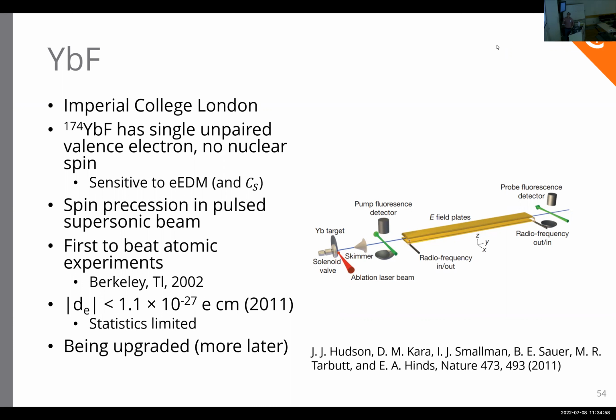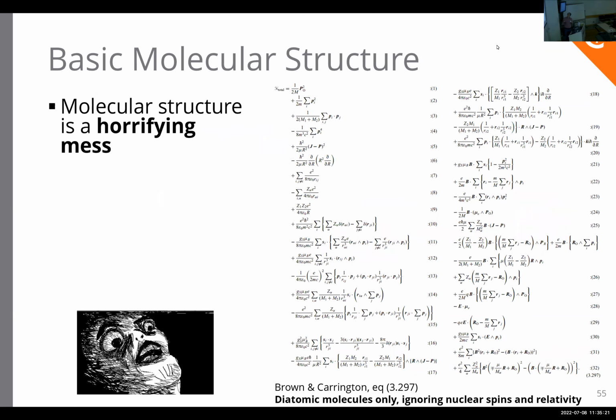This was their limit, so it's about 100 times larger than the current limit, but this was 11 years ago, so there have been lots of improvements since then. But this was the first result. It's an active experiment that's being upgraded, and I'll talk more later about how they're upgrading it. It's with laser cooling.